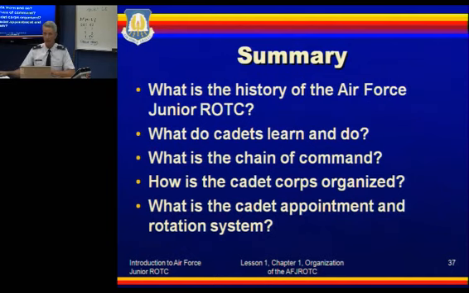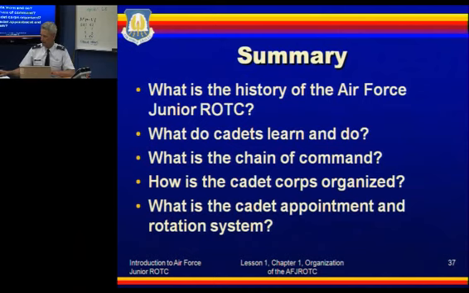And I tell you what, I do have time. Let me go ahead and press on, and we will get into the uniform and appearance. Tell you what we'll do. We'll get into the uniform and appearance on Tuesday, and we'll be covering the vocabulary on that.